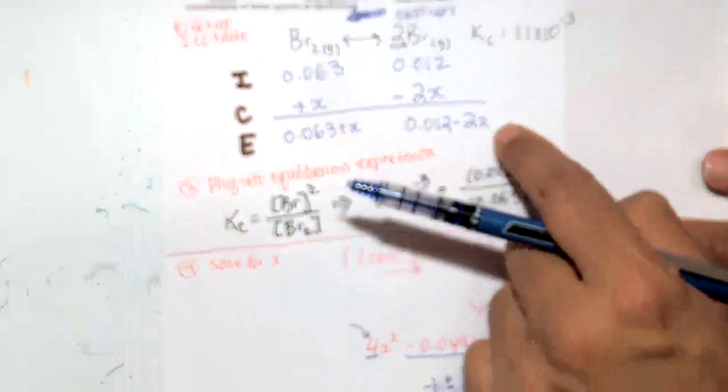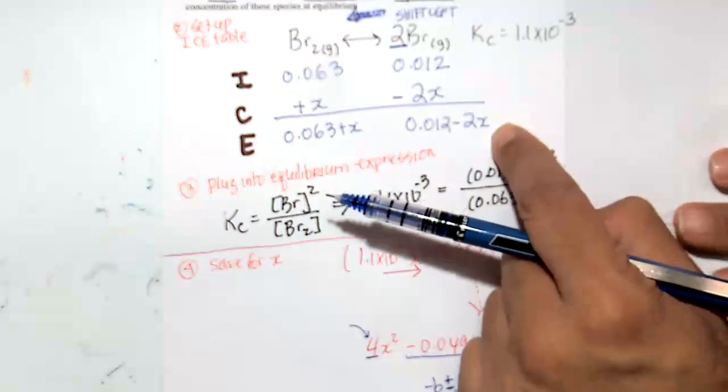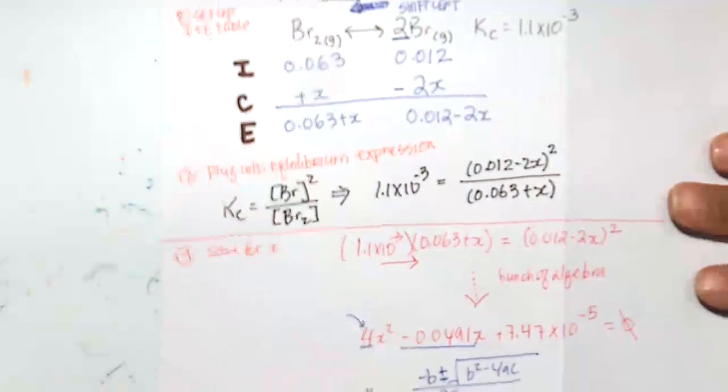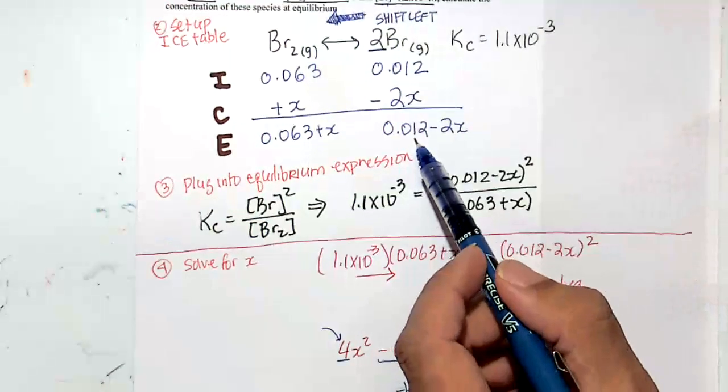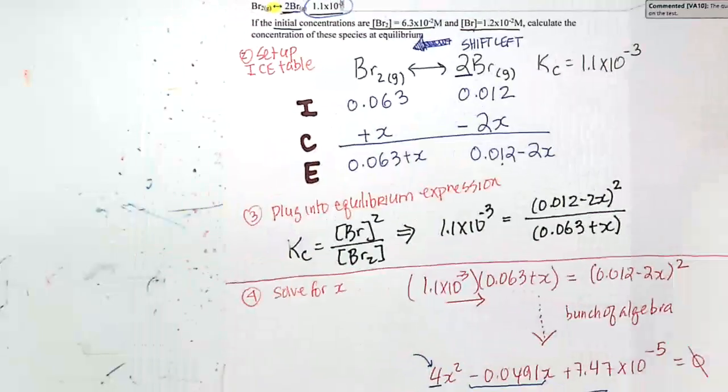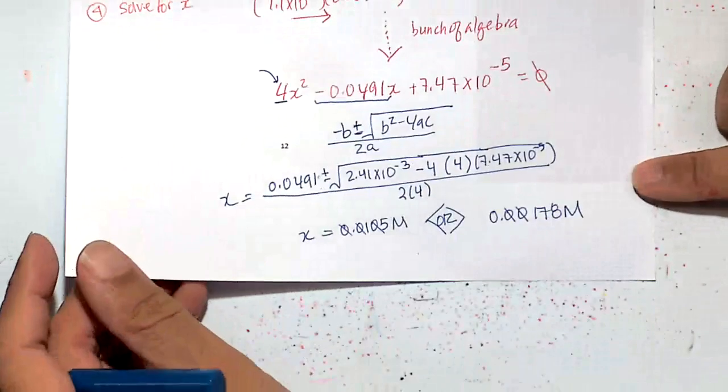We'll take this x and plug it back into our ICE table. Let's test each of these values back in the ICE table.